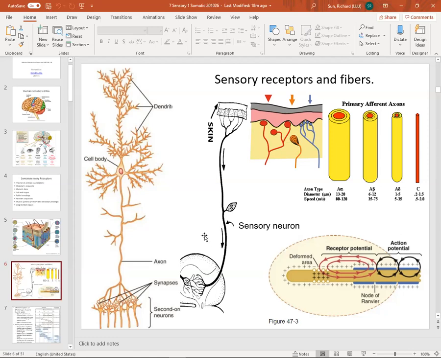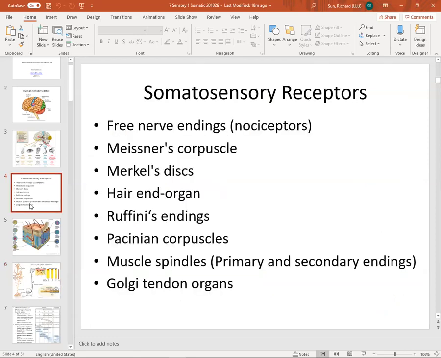One thing that you need to know is that even though there are many types of receptor, each neuron has only the same type of receptor. It's not like the same neuron can have branches of different types of receptor.